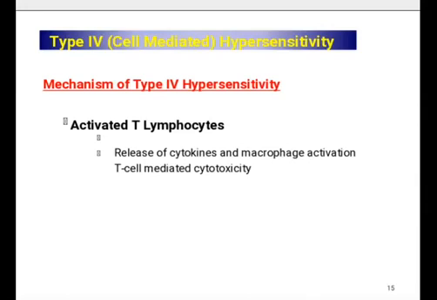This reaction is known as delayed type hypersensitivity reaction due to its characteristically longer time to appear following antigen exposure. The reaction takes longer than all other types because of the time required to recruit the cells to the site of exposure, around 24 to 72 hours.